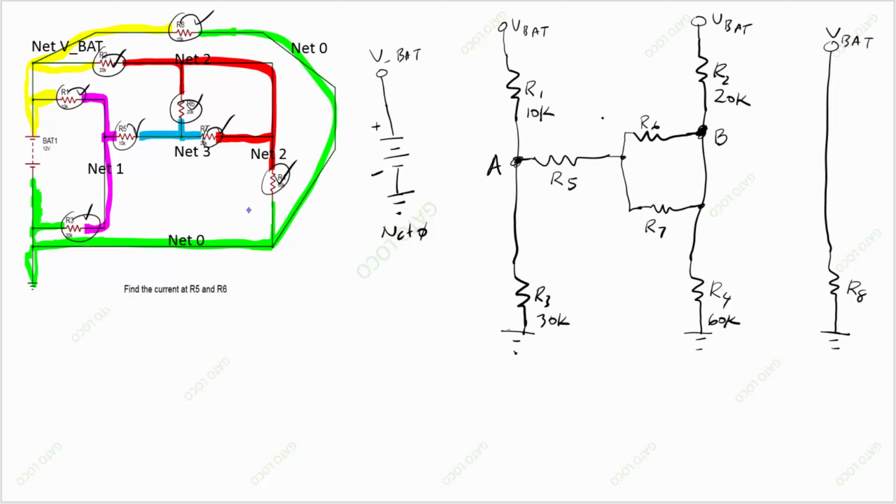All right. What does this configuration look like? This configuration looks like the one that we use for the Wheatstone bridge.